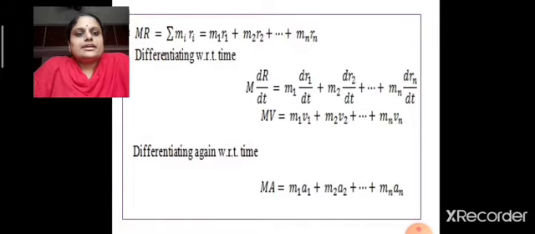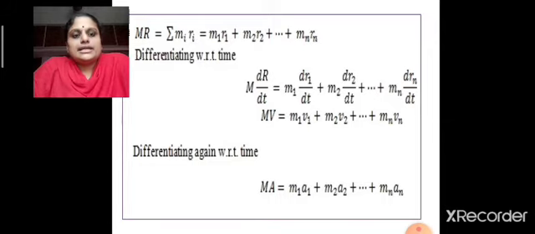Again differentiating the equation MV is equivalent to m1v1 plus m2v2 plus etc. plus mnvn with respect to time, we get M into dV by dt is equivalent to m1 dv1 by dt plus m2 dv2 by dt plus etc. plus mn dvn by dt.